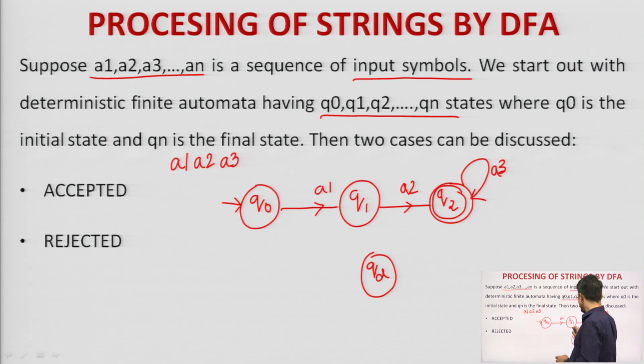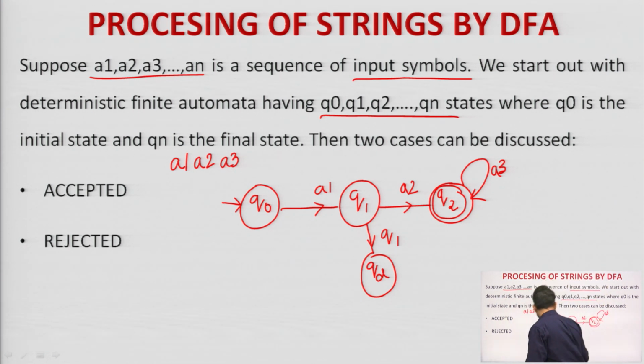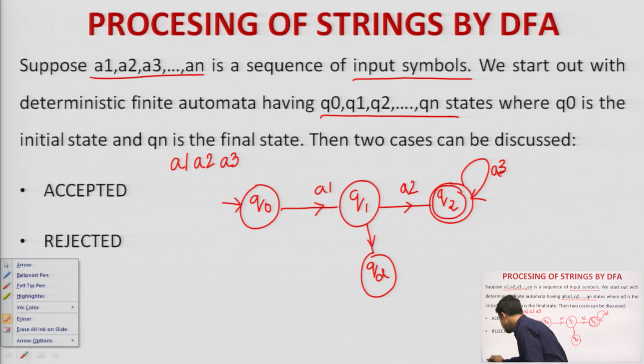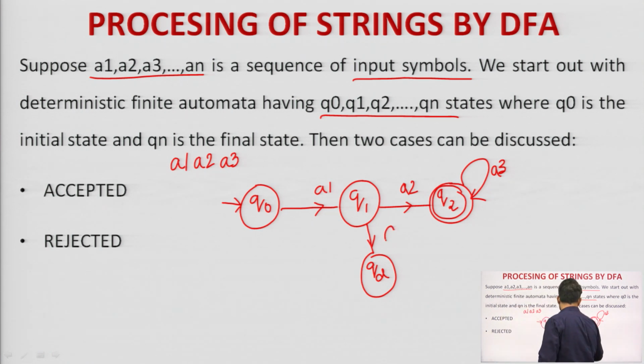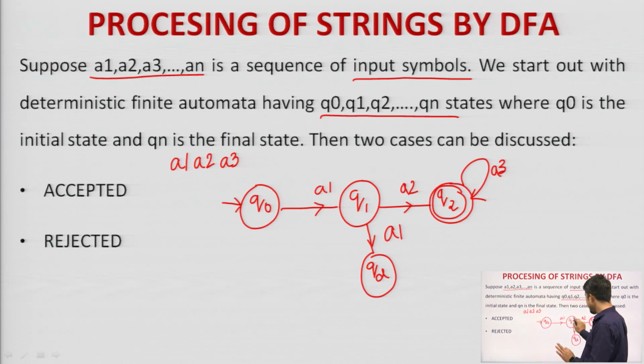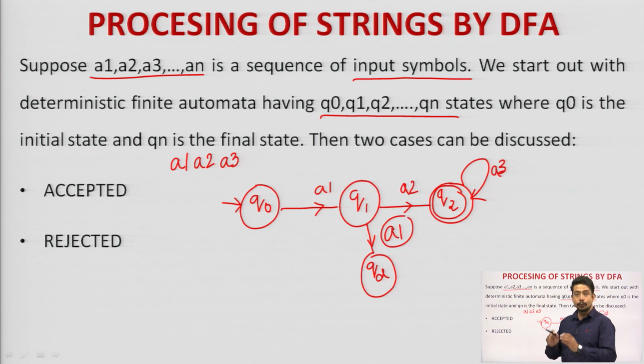Suppose from state q1 I have a transition on a1 to another state, say qd, and from there no transition goes to the final state.